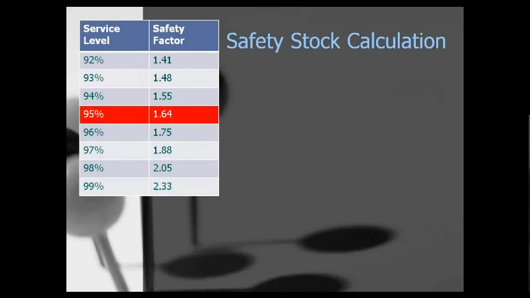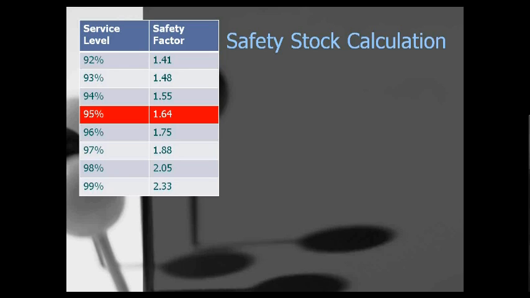To convert the measurement of forecast accuracy, in our case, the standard deviation, and the service level that management wants us to achieve, 95% of the shipments go out on time, we need to use a table of safety factors. This table can be found in most statistics books. It will also show up in Tony Arnold's Introduction to Materials Management book.